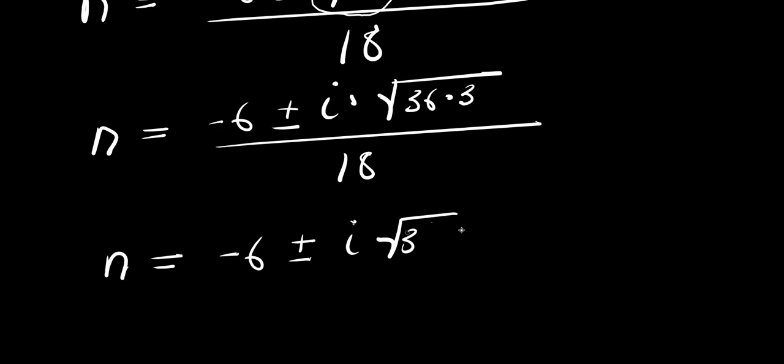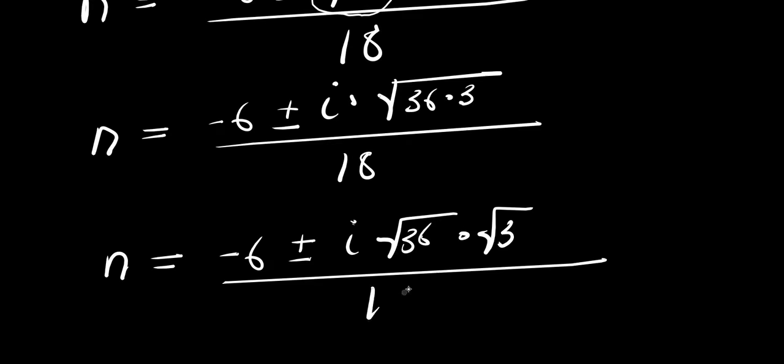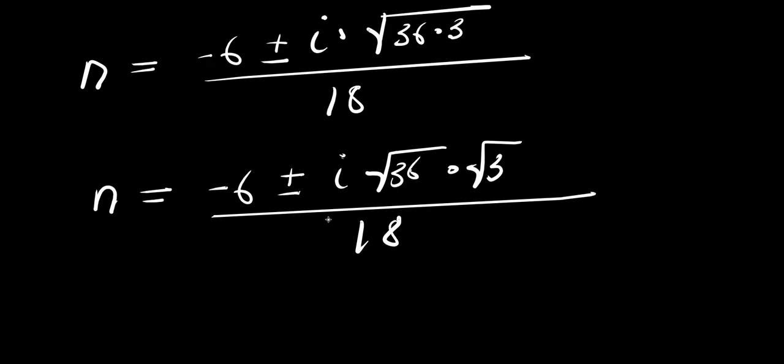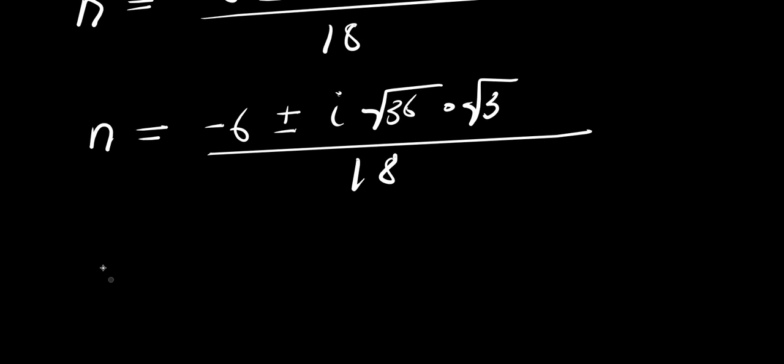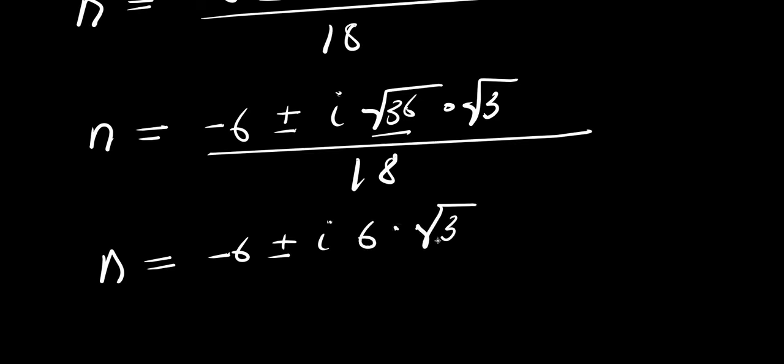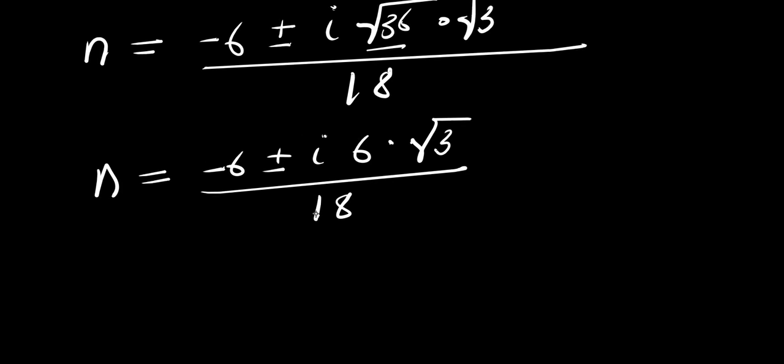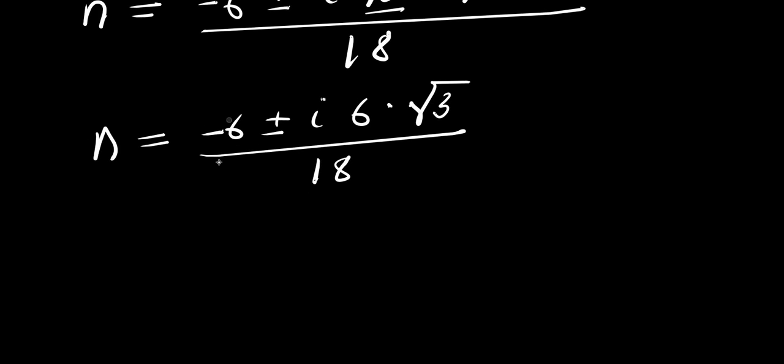We can have it as i times square root of 36 times square root of 3, divided by 18. So from here, we have n equals negative 6 plus or minus i times square root of 36, that is 6, times root 3, divided by 18. 6 can cancel itself once, cancel this once, cancel this 3.